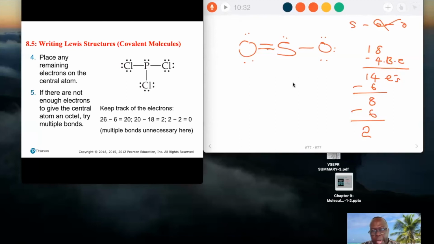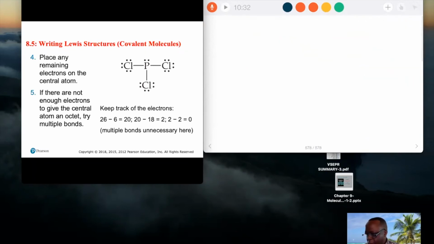The only way you will know that I need to generate a multiple bond is when the central atom does not satisfy the octet rule, or when each atom in the molecule, not necessarily central, does not satisfy the octet rule, with the exception, of course, of hydrogen.